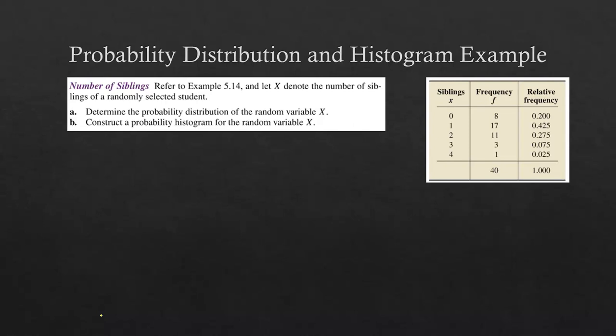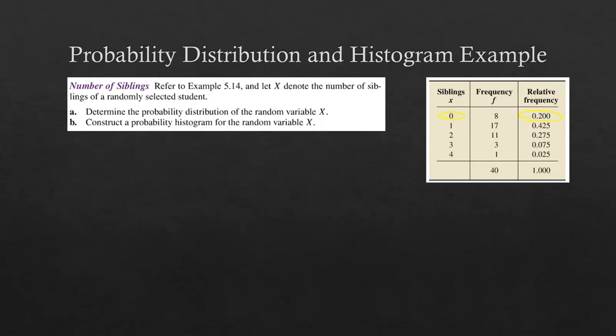So, for example, we let X denote the number of siblings of a randomly selected student, and letter A: determine the probability distribution of random variable X. Notice over here we have relative frequency already done for every one of these. Every one of our siblings has a relative frequency. Well, what is probability? Probability is the outcomes you want over the total possible outcomes.